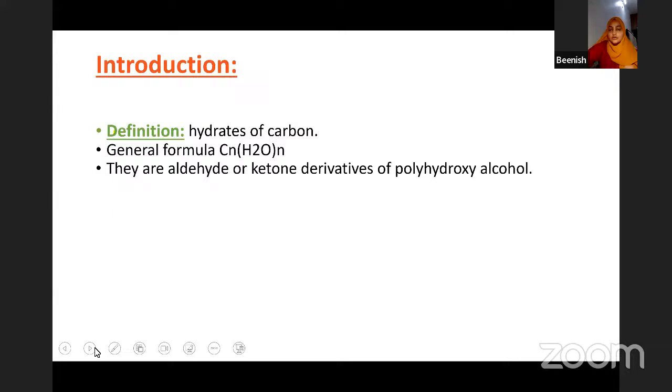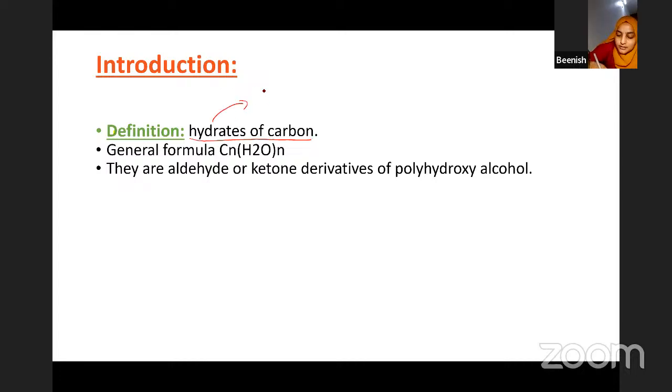Okay, so let's begin with the topic directly without wasting much time. Introducing you to carbohydrates. Firstly, what are carbohydrates? By definition, they are hydrates of carbon. When I say hydrates of carbon, it is self-explanatory.